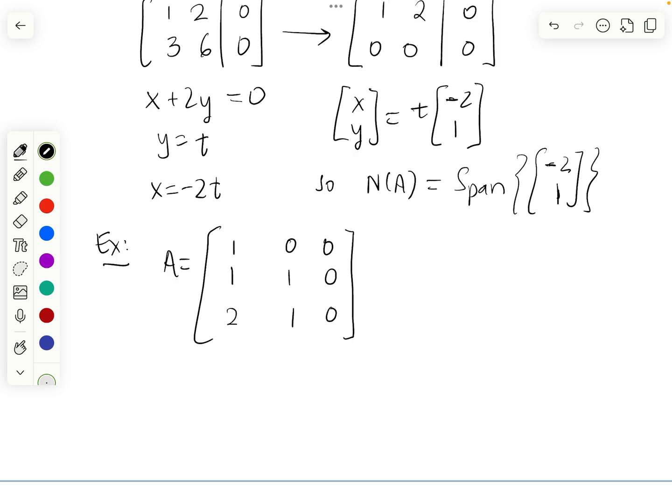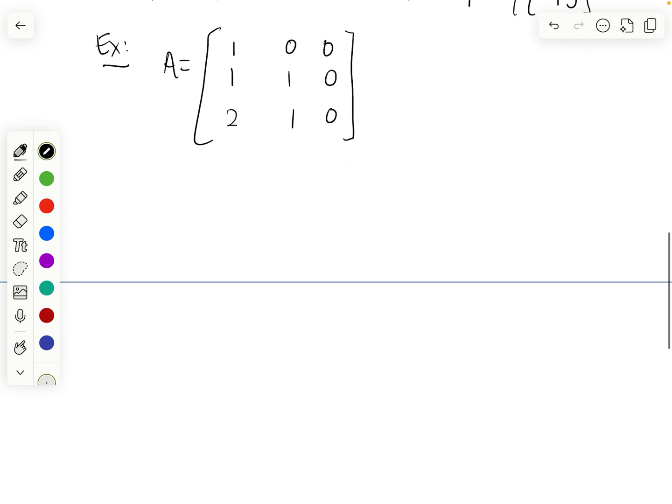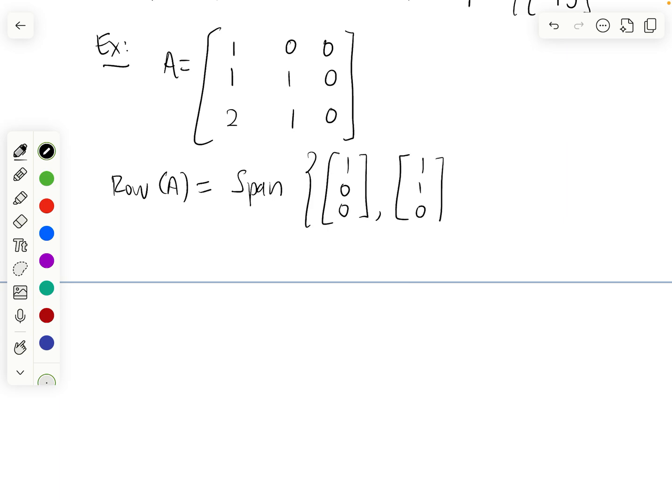Okay. What's the row space and null space of this matrix? Well, again, the row space is just the span of the rows by definition. So it's the span of 1, 0, 0, 1, 1, 0, and 2, 1, 0.